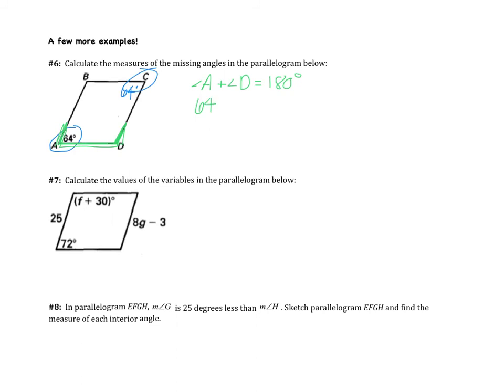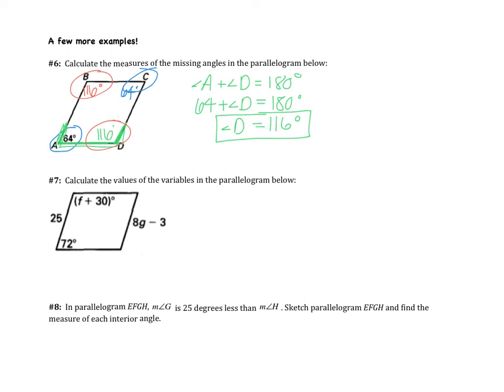Plug in what you know. Solve. Angle D is 116 degrees. So I'm going to put that in here. Well, that is now an opposite angle to angle B. So that means angle B is 116 degrees as well.